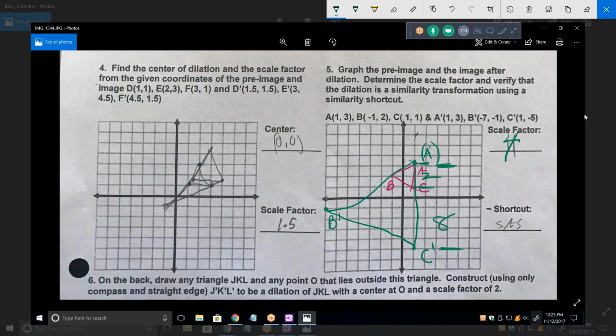Now, you're right, there's the common angle, SAS. I guess that's the answer. You could also have SSS. No, SSS would be congruent, not similar. So it's not SSS, it's SAS.